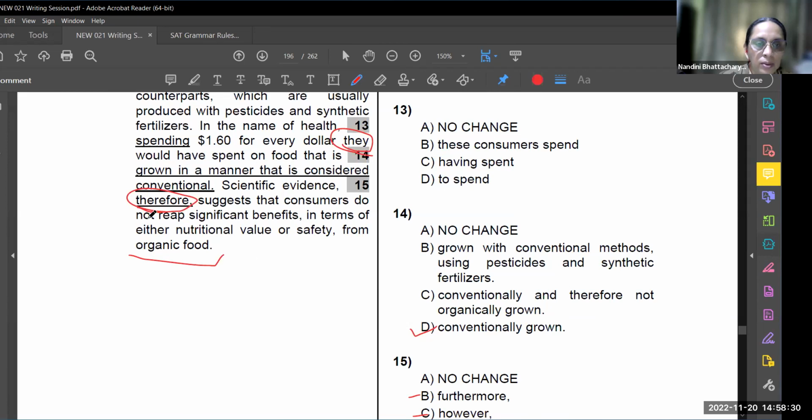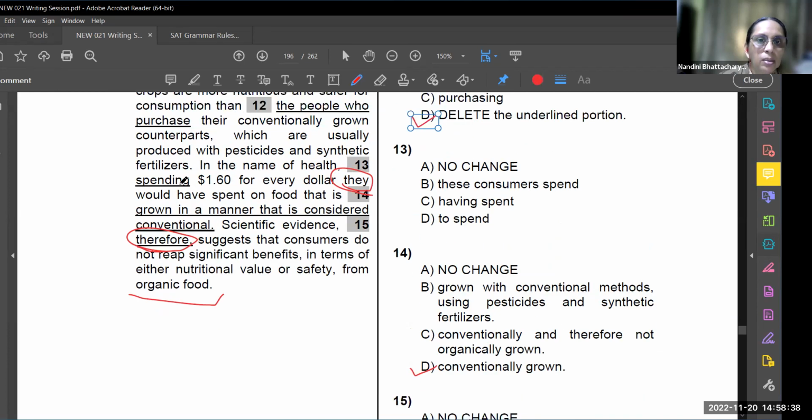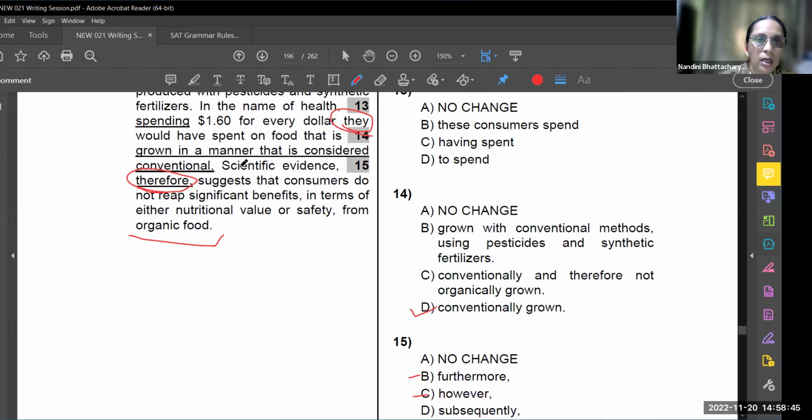So what is it doing? It is giving you a contrasting point. Because the previous points are talking about going in for organic food, going in for the conventionally grown counterparts and spending so much. Here, the scientific evidence is talking about something else.